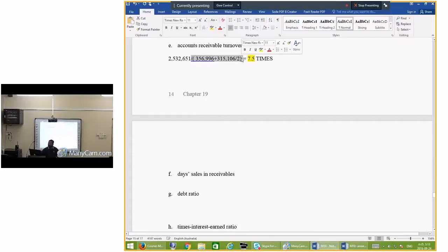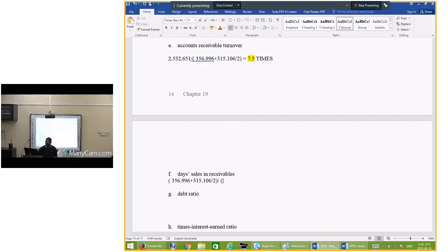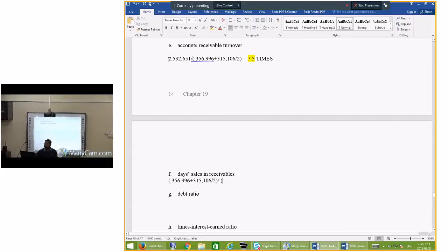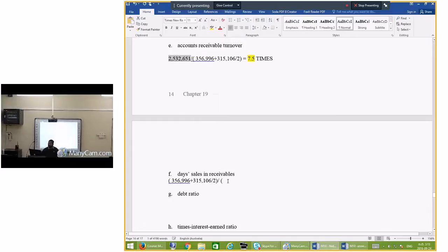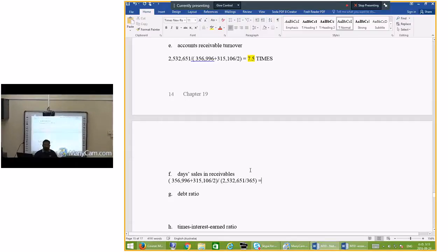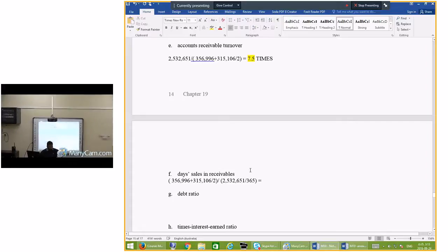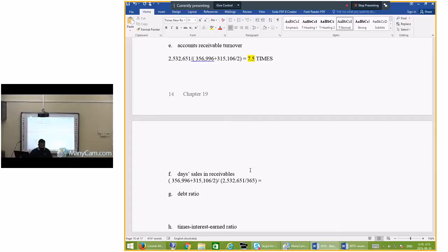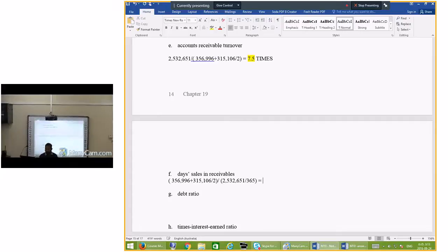From this you can calculate the average accounts receivable, divided by one day's sales. How do you calculate one day's sales? Sales divided by 365 days. Approximately 48 days.